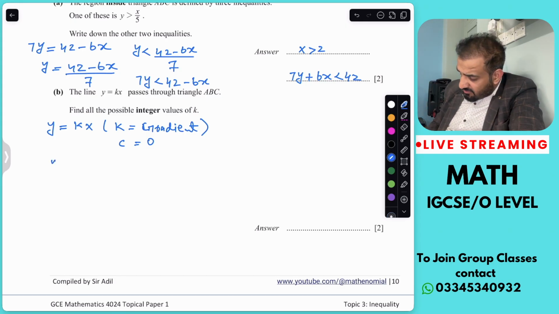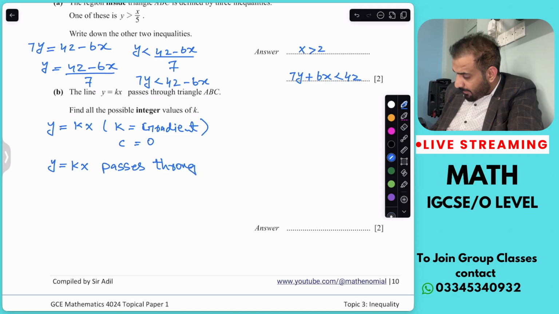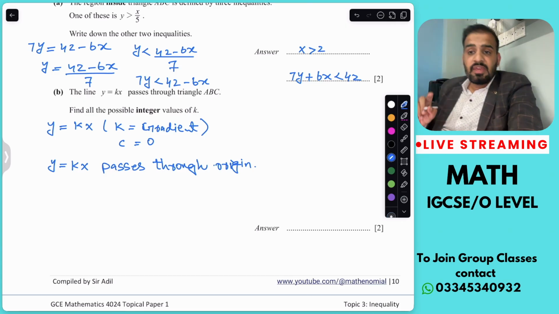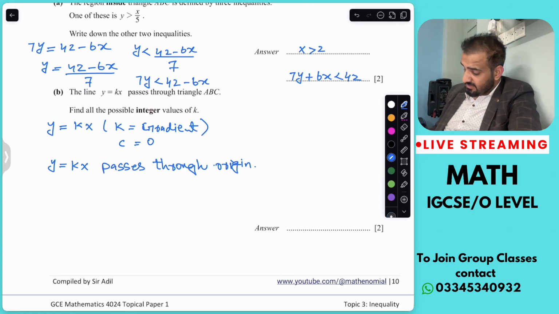So y is equal to kx passes through where? Origin. The line y is equal to kx passes through the origin. That's it. Now let's try to find the gradient of this y is equal to kx.